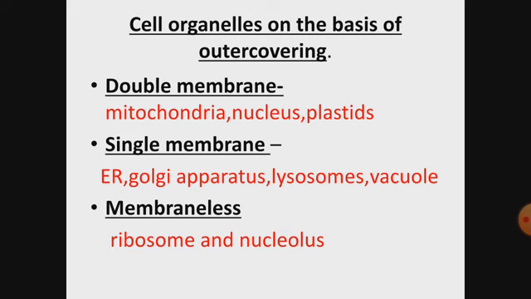Some have double membranes around them as a covering, some have a single membrane, and some are membraneless. Mitochondria, nucleus and plastids are double membrane, and single membrane ones are ER, endoplasmic reticulum, Golgi apparatus, lysosome and vacuoles. Some cellular structures are membraneless. They don't have membranes at all, like ribosomes and nucleolus.